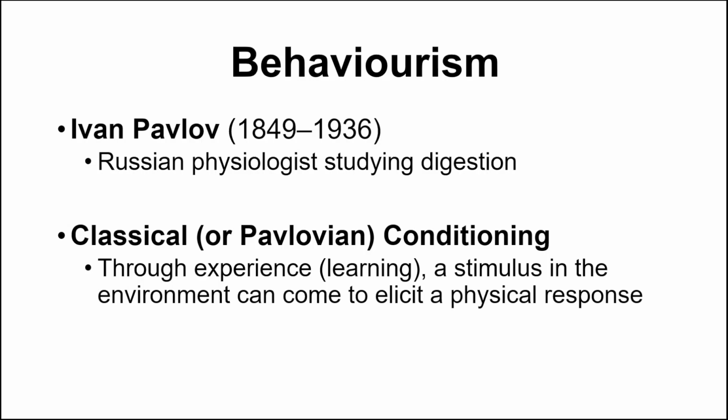So this association between the bell and the food ends up producing a physical response and a new response because they didn't used to salivate to the bell. So this is something really interesting, and it highlights one of the core principles of behaviorism, which is how important the environment is and how we learn through experience with different stimuli in our environment.